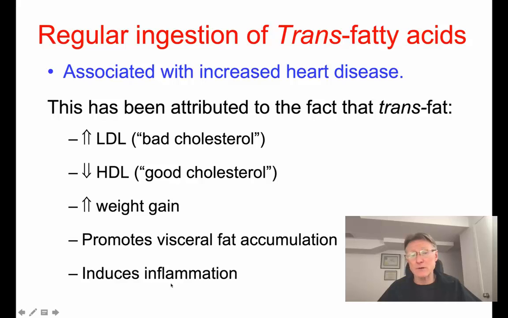Remember when we were talking about omega-3 and omega-6 fatty acids, we said that one is anti-inflammatory, the other is pro-inflammatory, and we said that inflammation is associated with cardiovascular disease. So this is another major issue here with trans fatty acids. So they also seem to induce inflammation, so they make people more prone to developing cardiovascular disease. So if you already have other risk factors you associate with a higher consumption of trans fatty acids, then you potentiate, let's say, the risk of developing complications.